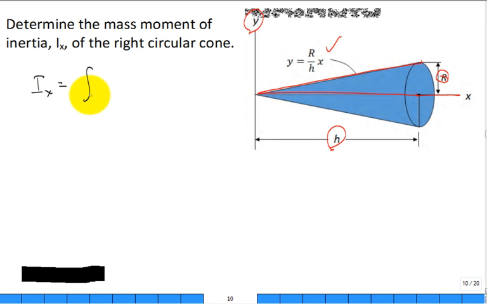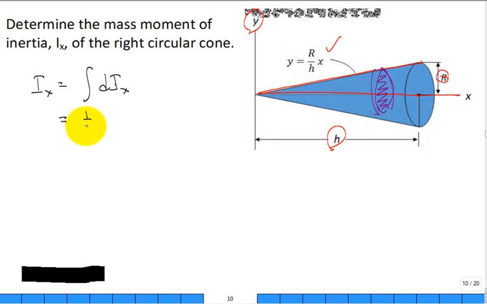Well, let's sum over all the little dI sub x's. And what we just gleaned from the previous problem is for any generic disk, right? I'm trying to show a disk right in there of thickness dx. What would be the mass moment of inertia of that disk?